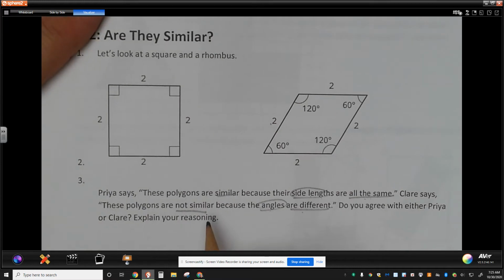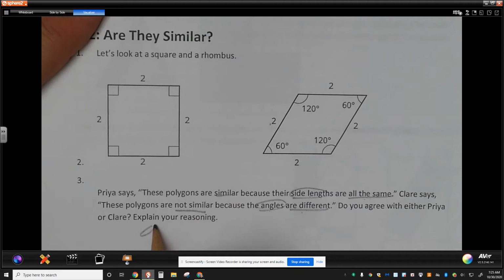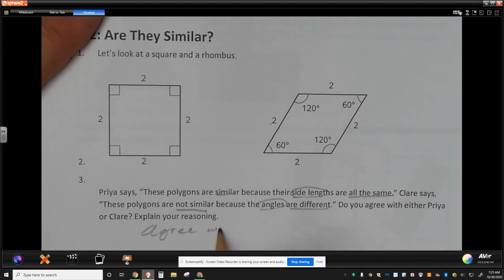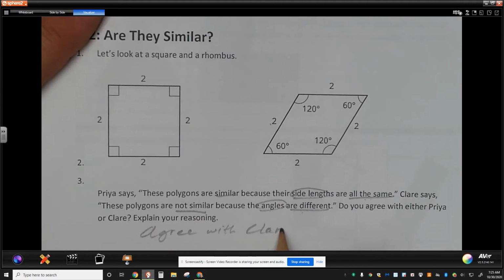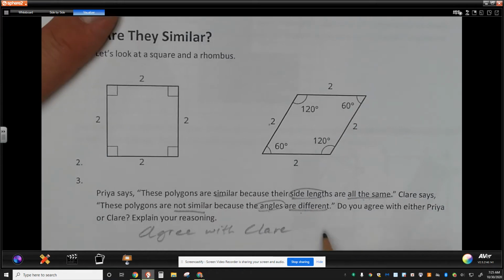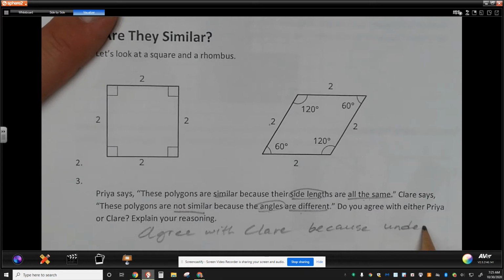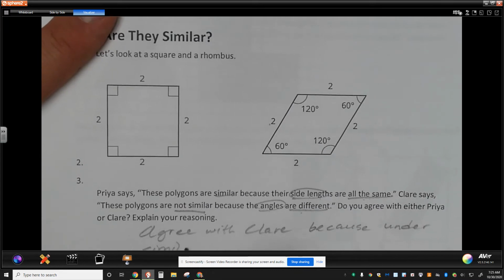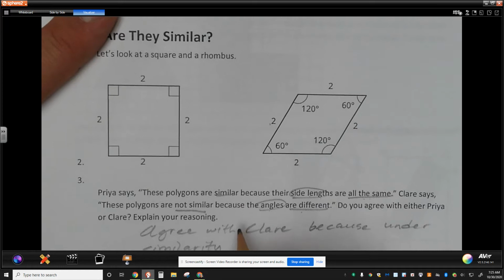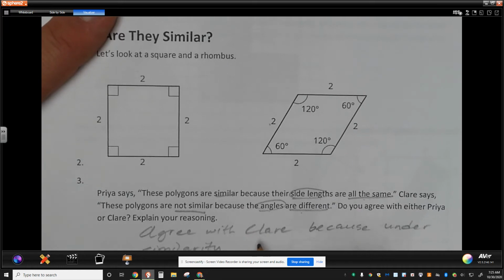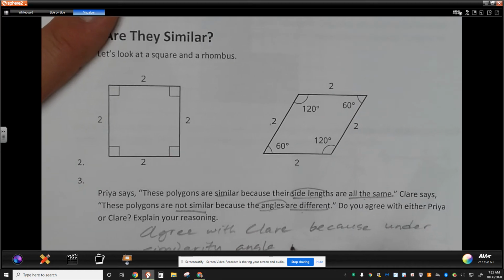So in this case, what we need to do is we need to agree with Claire because under similarity, angle measures must be equal.